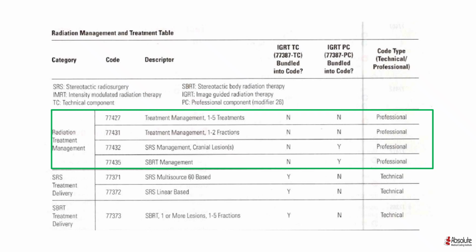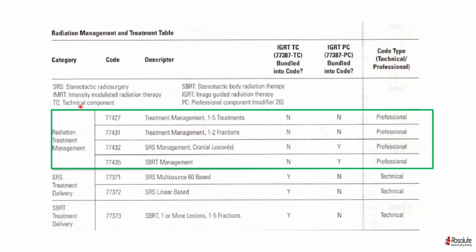All right, so in your CPT manual, you'll see the radiation management and treatment table. And pretty much, or generally, it shows you how to code. When a patient has 1 to 5 treatments and that provider is coding for the management of it, and look, it's a professional component. Look at that. It's telling you this is like a professional component.